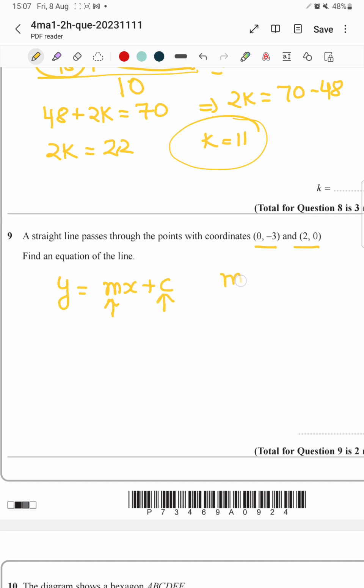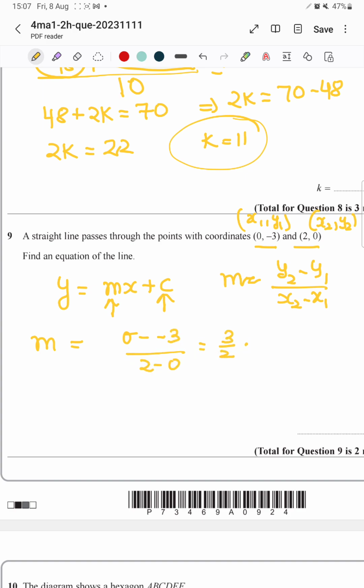So m is the gradient, which is found by (y2 minus y1) over (x2 minus x1), where (x1, y1) and (x2, y2) are the 2 points on the line. So from here I will find m as this is my (x1, y1). You can consider any one as (x1, y1), the other one will be (x2, y2). So this is 0 minus minus 3 over 2 minus 0. So this is 3 by 2.